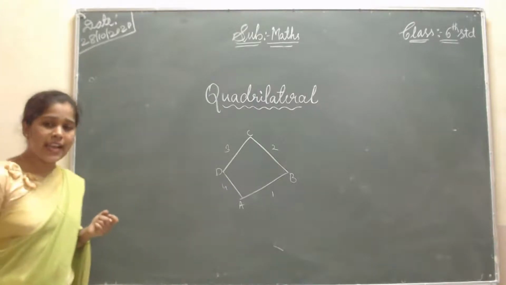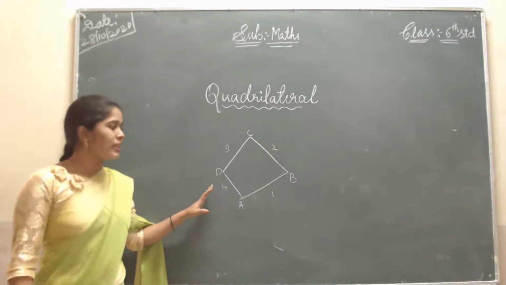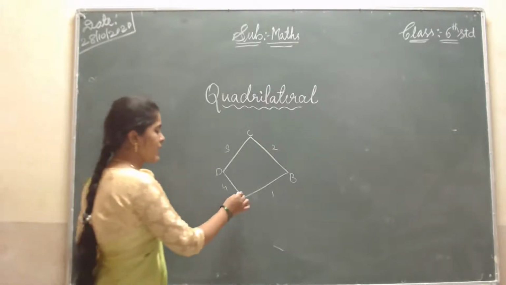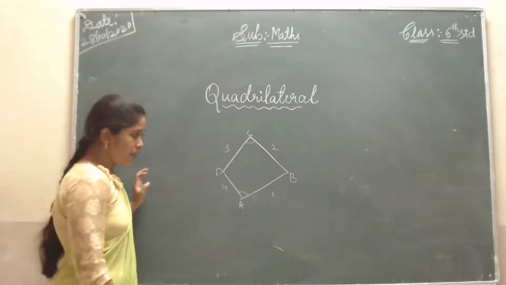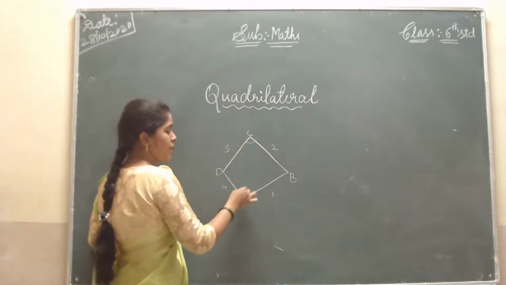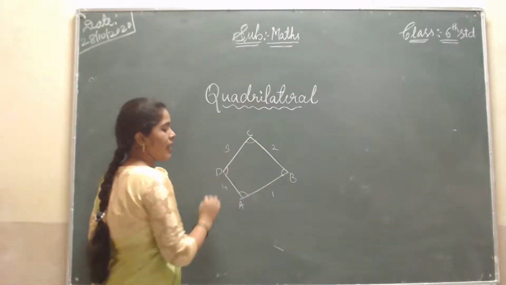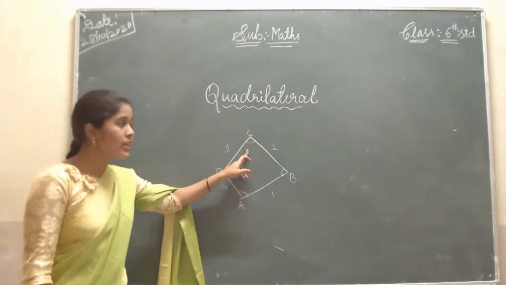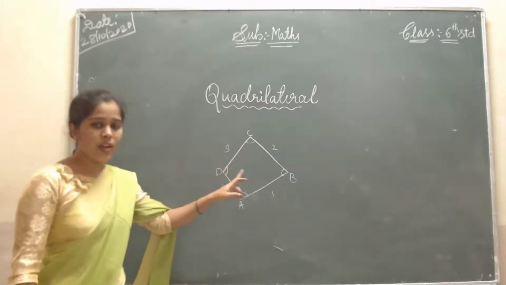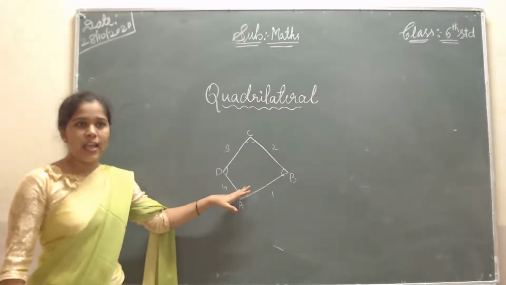So a four-sided polygon is nothing but a quadrilateral. In this, A and C are opposite angles, and B and D are opposite angles. These are the opposite angles.